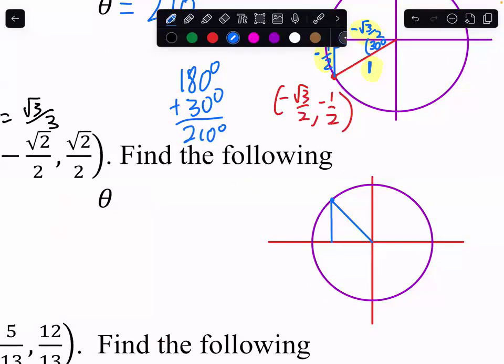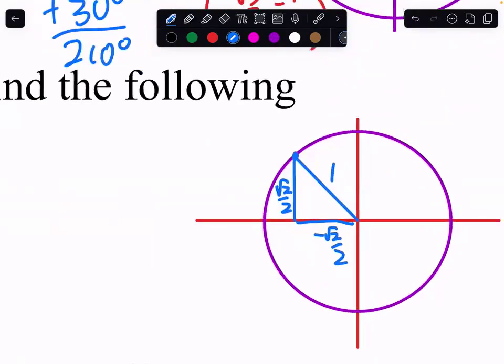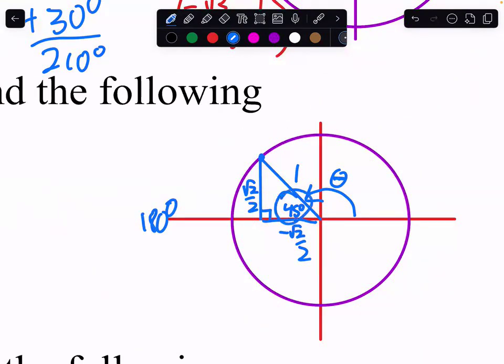I'll label this side as negative radical 2 over 2, this side as positive radical 2 over 2. I recognize that the opposite and adjacent legs are the same length, so I remember that's a 45, 45, 90. But I'm in quadrant 2, so the actual angle is this angle. A half circle is 180, but I stopped 45 degrees short, so that leaves 135 degrees.